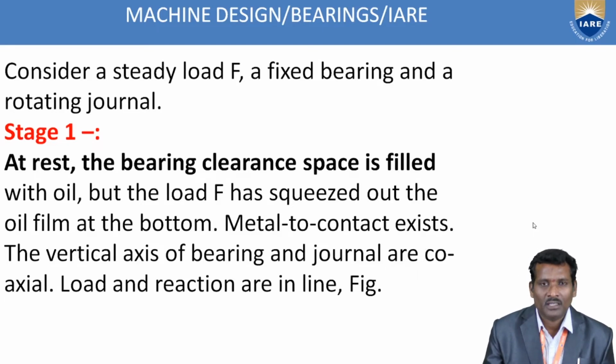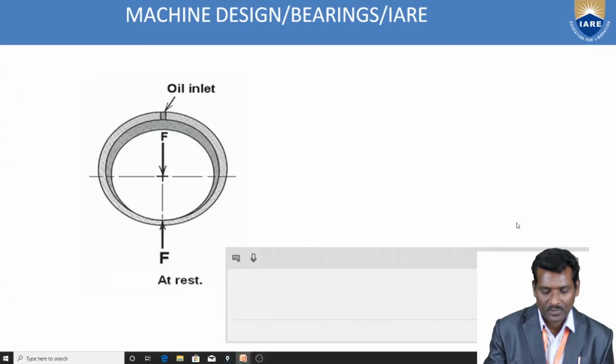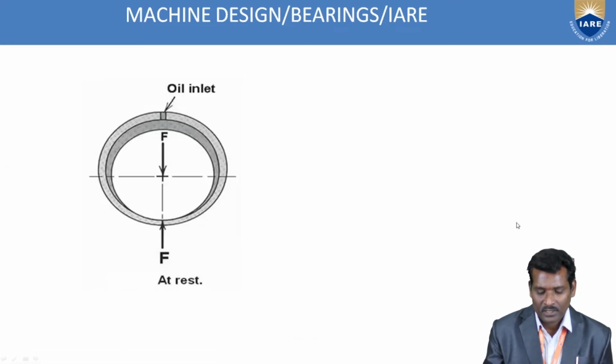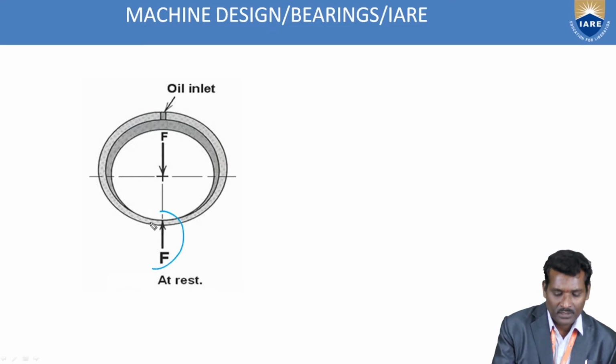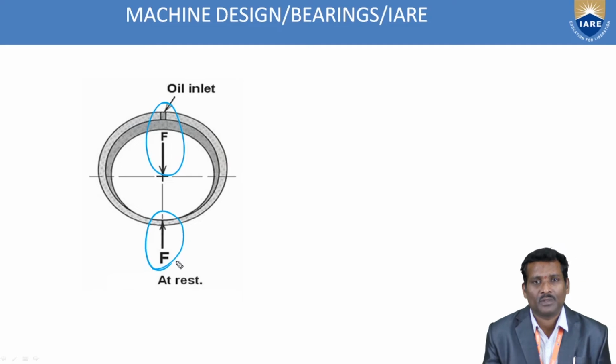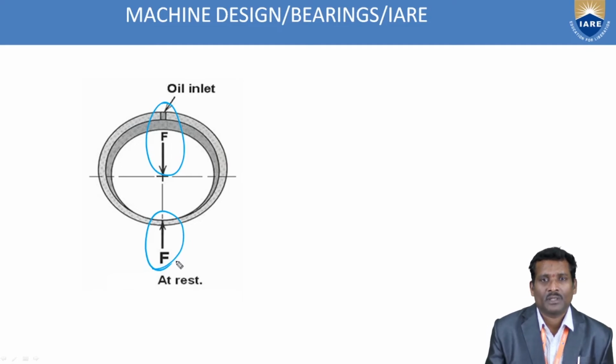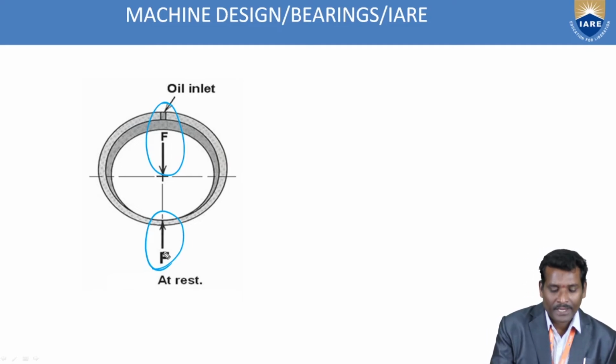In stage 1, at rest condition, the clearance space is filled with oil. I will show you in the diagram. Look at this diagram. This is the first stage in hydrodynamic lubrication. Here at start conditions, this is the radial load, and this one is the opposite force, the pressure force acting oppositely to the radial load.